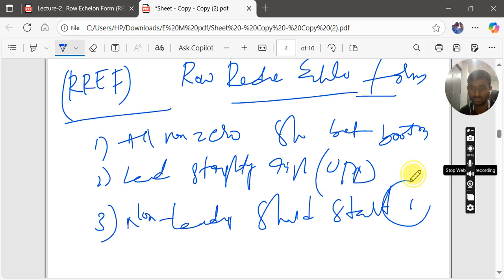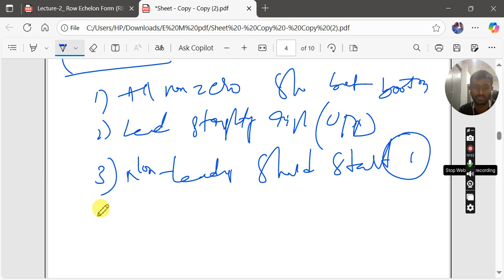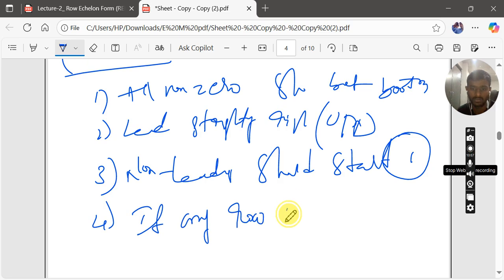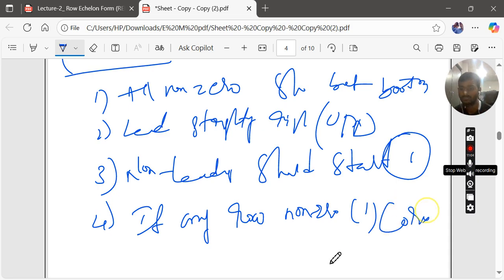Okay, so in the earlier case it is any scalar, but here it should be 1. And the fourth one, if any row has a non-zero leading coefficient 1, then the corresponding column values above and below should be zeros.